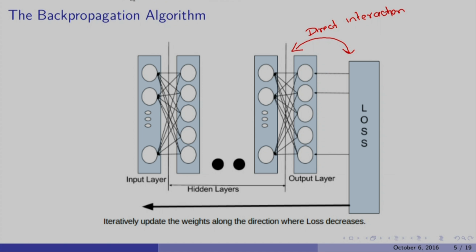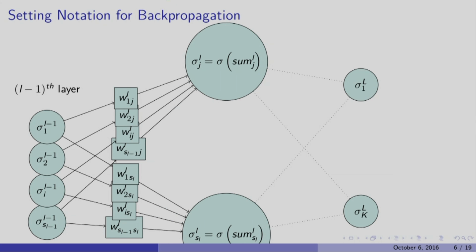However, in order to be able to update weights in the intermediate layers, the hidden layers, one needs to be able to reflect or impute the updates based on corrections in the output layer. So these are imputed updates on hidden layers. This is what forms the backbone of the backpropagation algorithm.